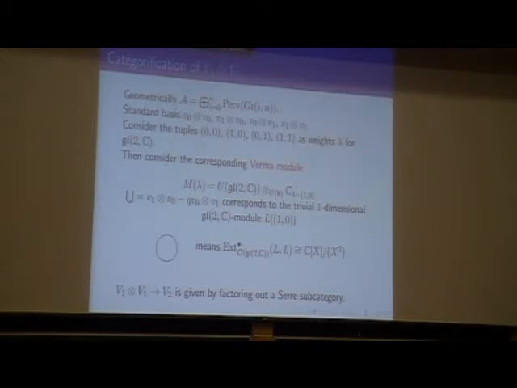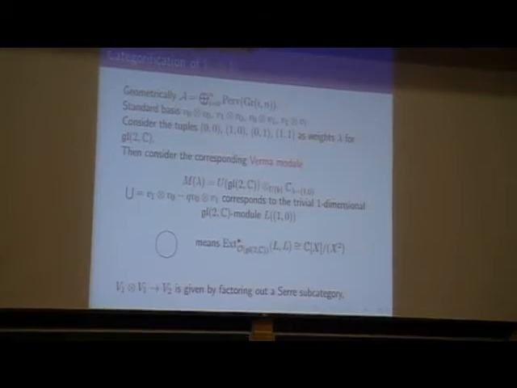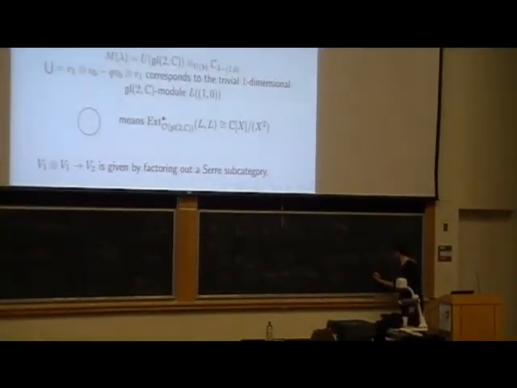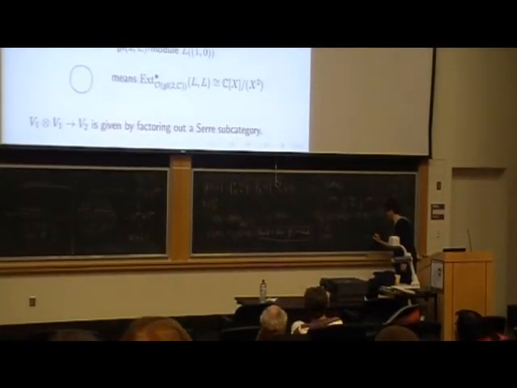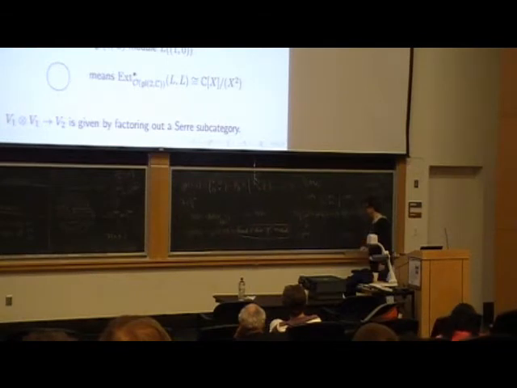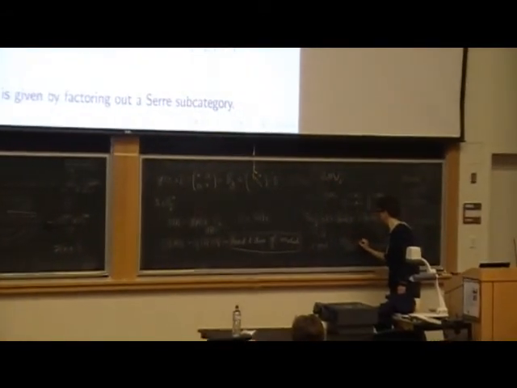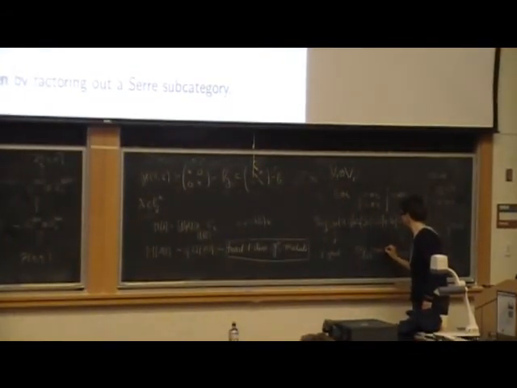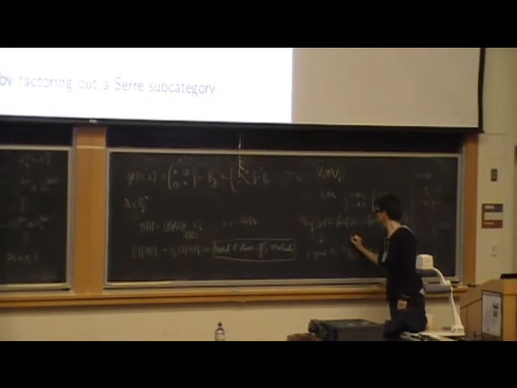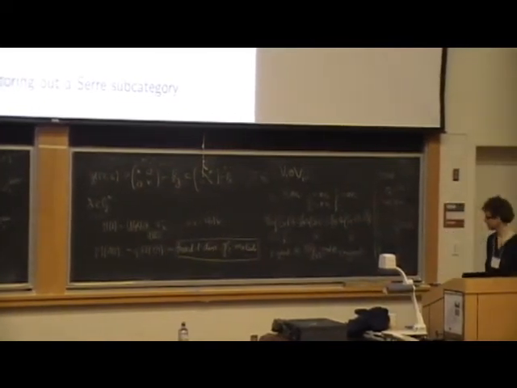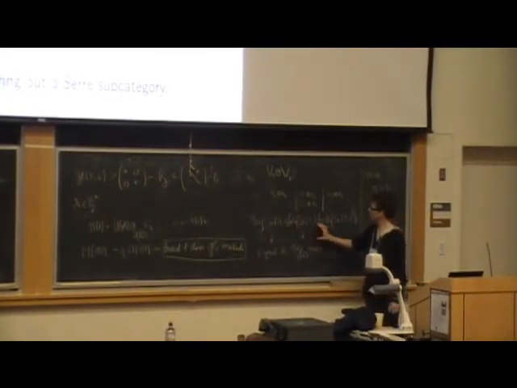So in this case, you would get graded vector spaces here, graded vector spaces here, and then in the middle you get modules of that. So this is a quotient category of this thing.